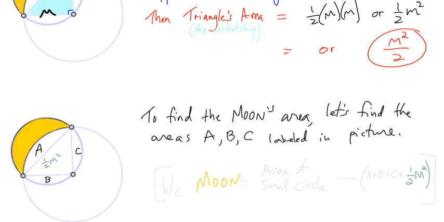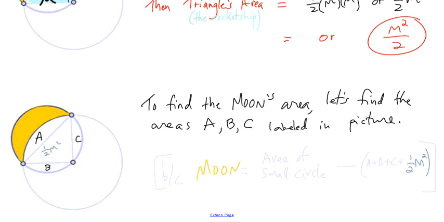Okay, to find the moon's area, again, we'll find the areas of region A, B, and C. And we already know the triangle's area, which is 1/2 m squared, or m squared over 2. All right, so the moon will be the entire small circle minus those white parts. So let's find the white parts.